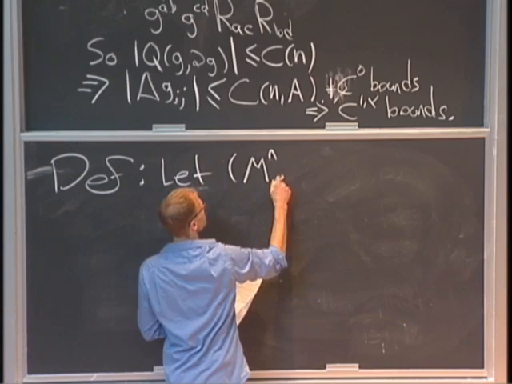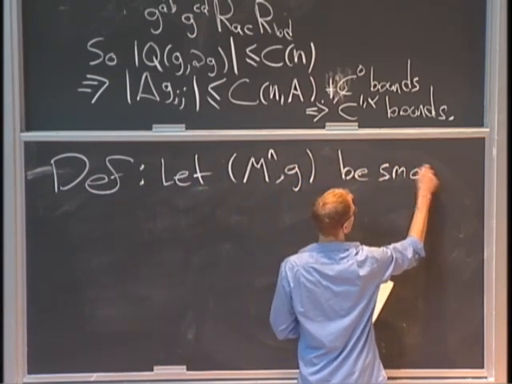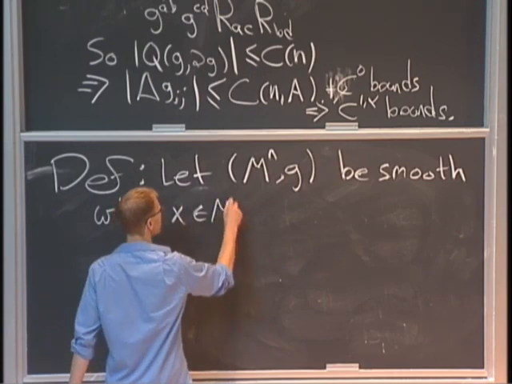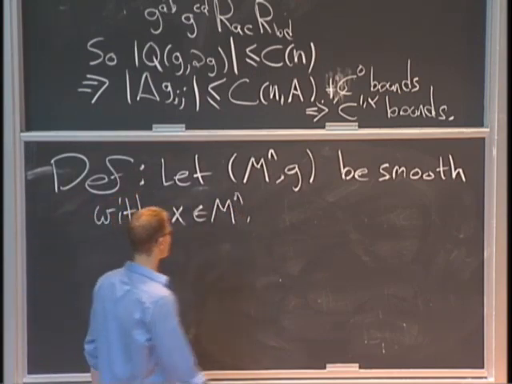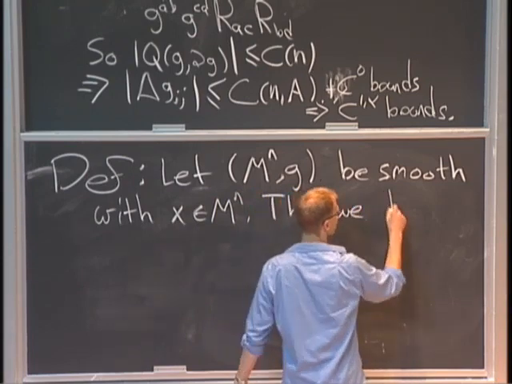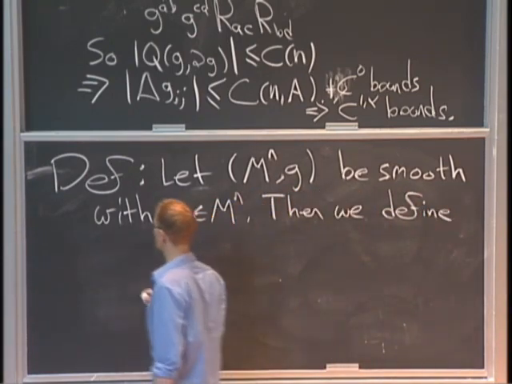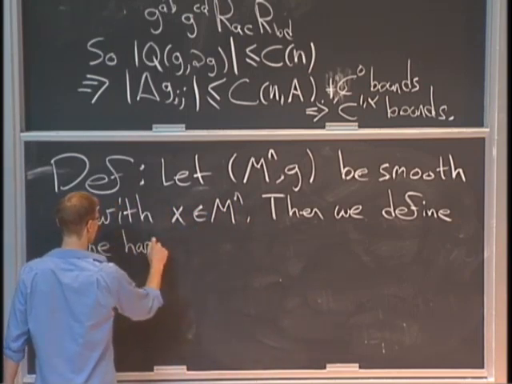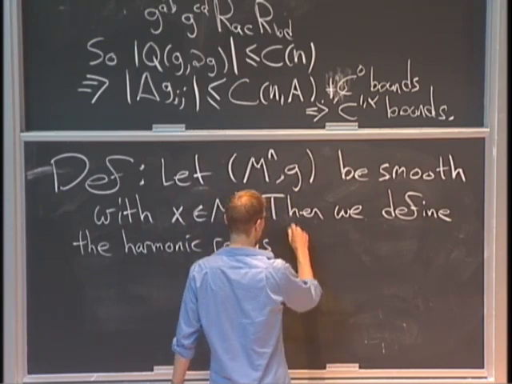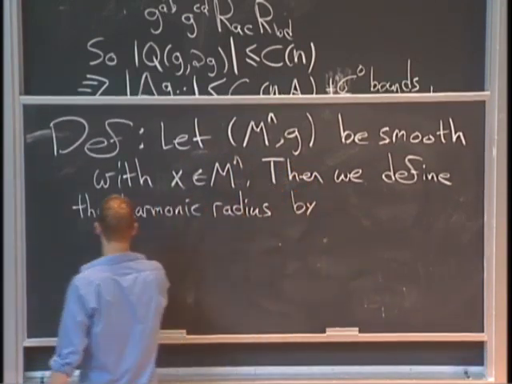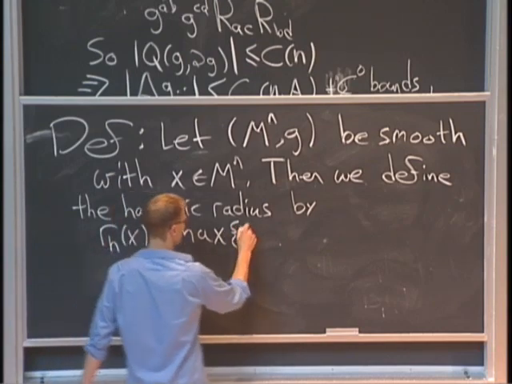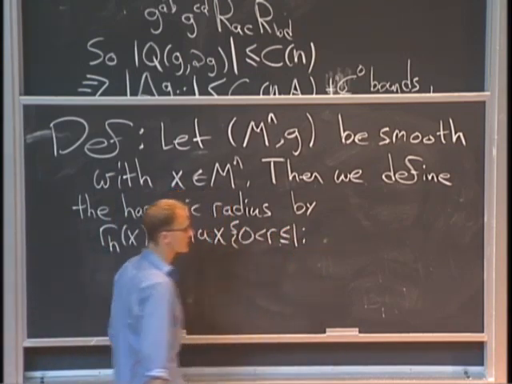So let some manifold M be smooth, with x inside M. Then we define the harmonic radius to be the largest radius R, less than or equal to 1, say, just for the sake of argument.